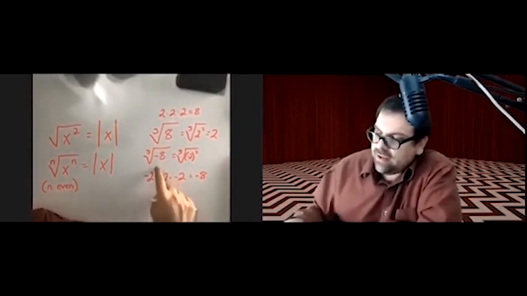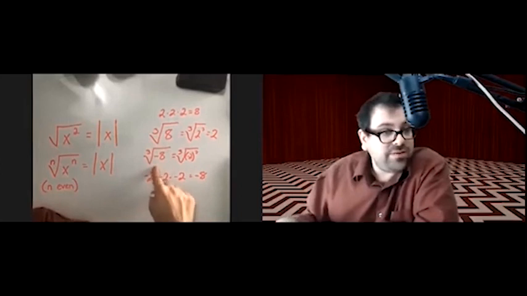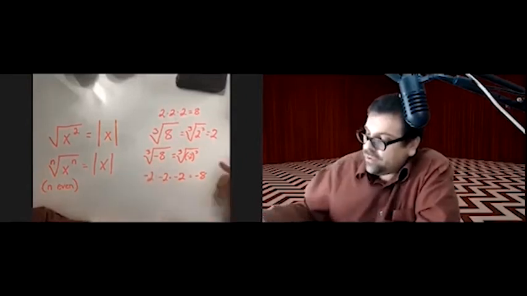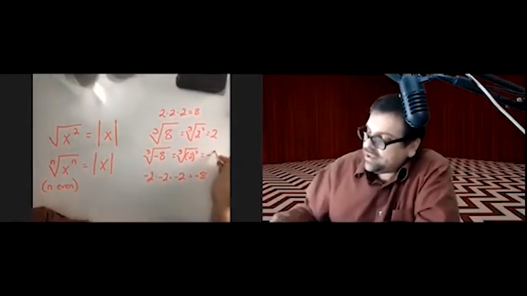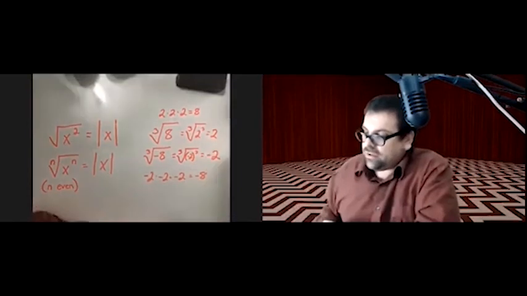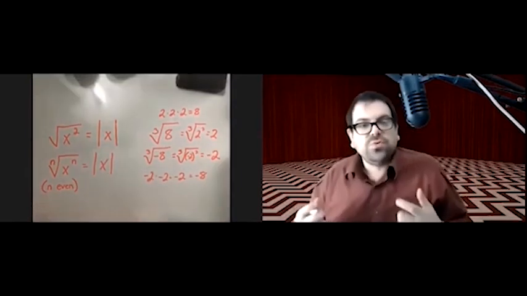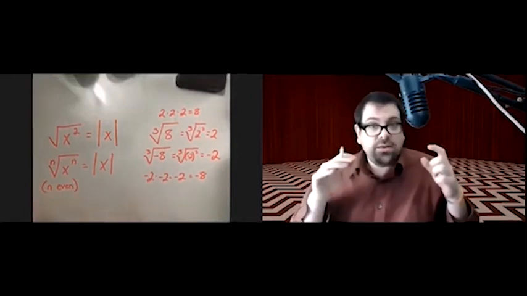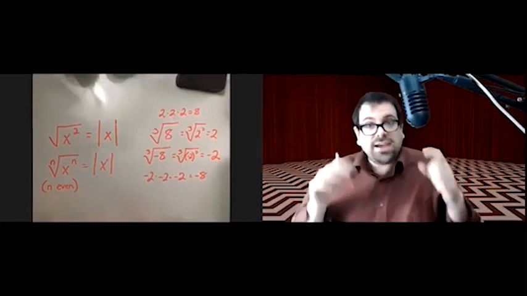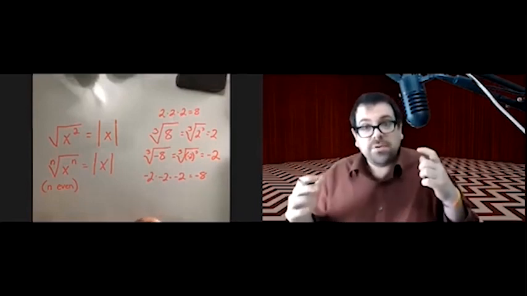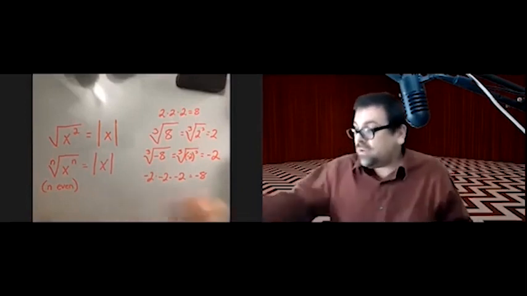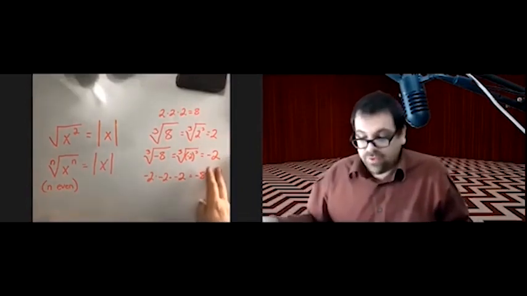We can take the cube roots of negative numbers. So the cube root of a negative number is actually that negative number. So that original rule that we started with, that the root and the exponent, if they're the same, they cancel each other out and just leave us with what's underneath. We don't need any absolute value for that.